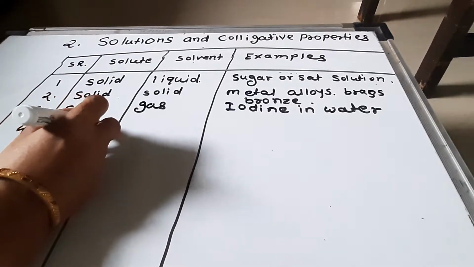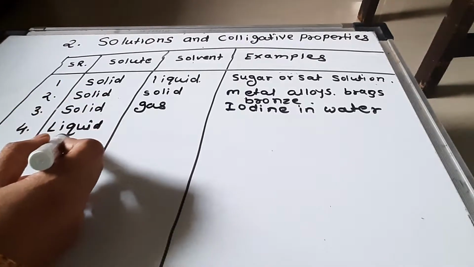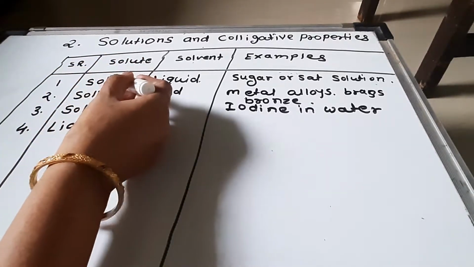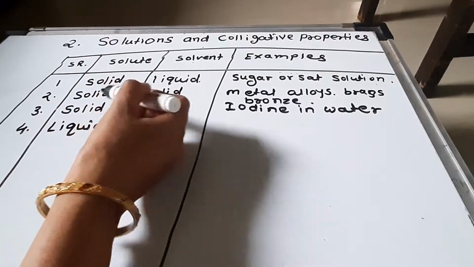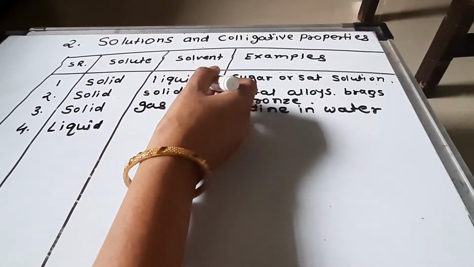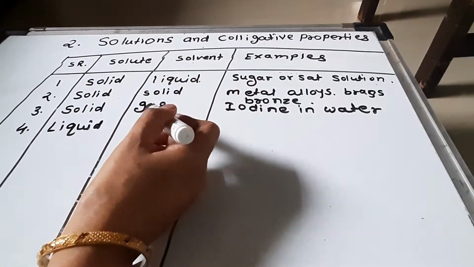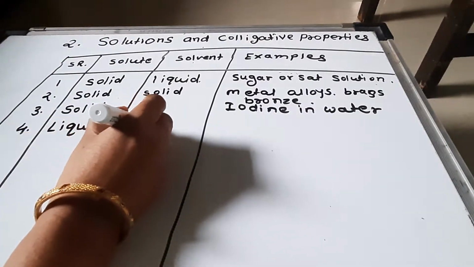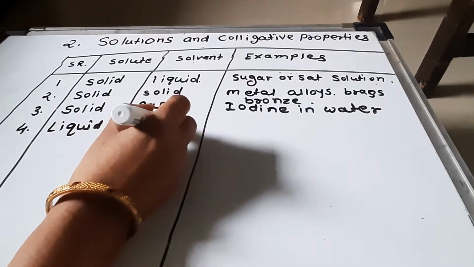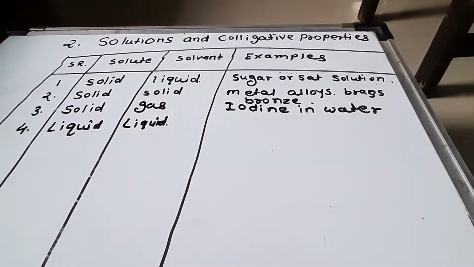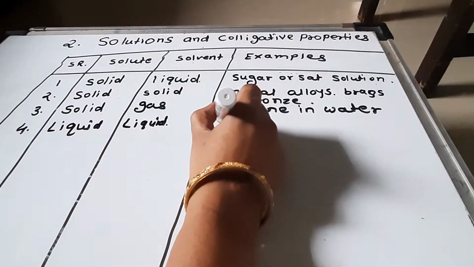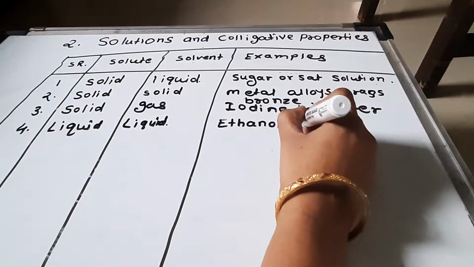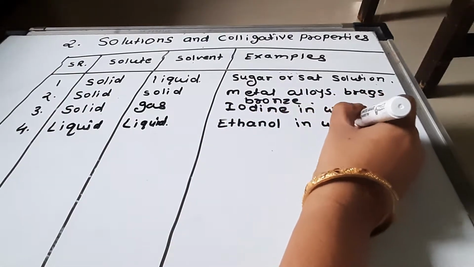Now we'll start with solute as a liquid. In the first three cases solute is the same, solid, in combination with liquid, solid and gas. And fourth one is liquid solute, and again solvent is liquid. Liquid plus liquid, example is ethanol in water.